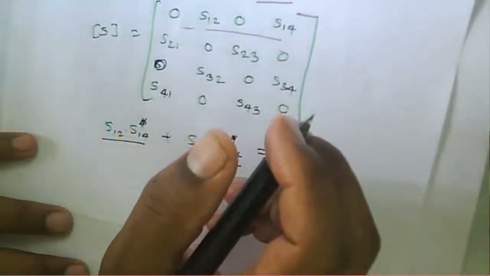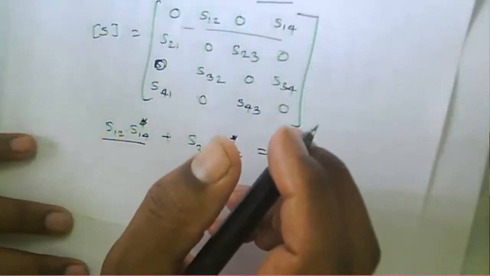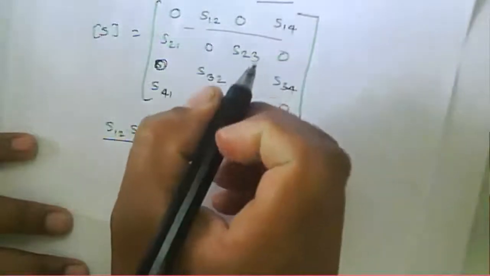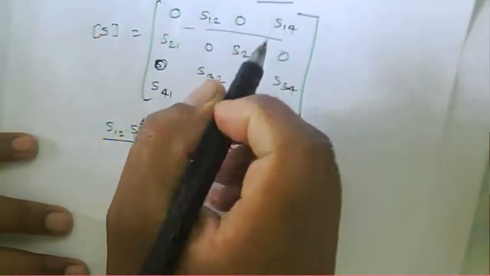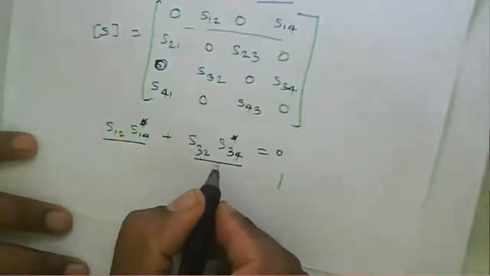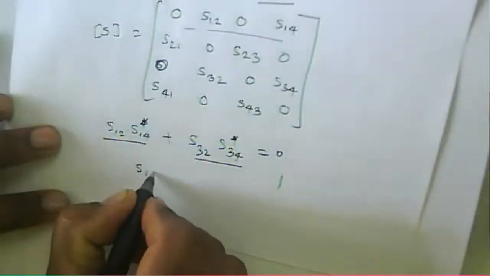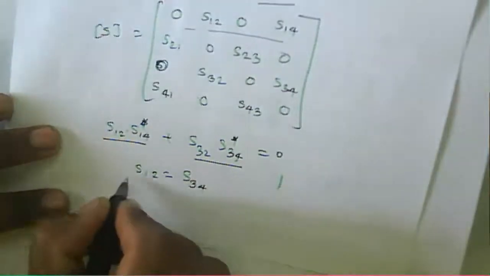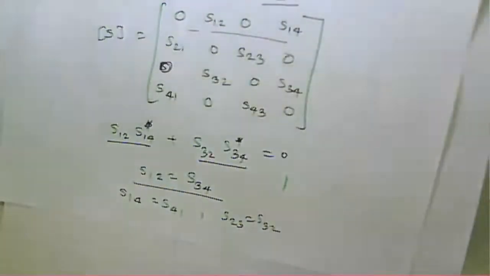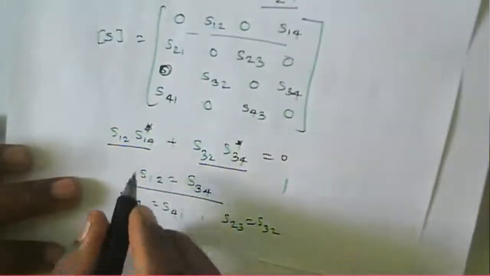If we solve this equation by applying the reciprocity theorem, S12 is equal to S34. Then S14 becomes S41, or S23 becomes S32, or S12 becomes S21, or S34 becomes S43.